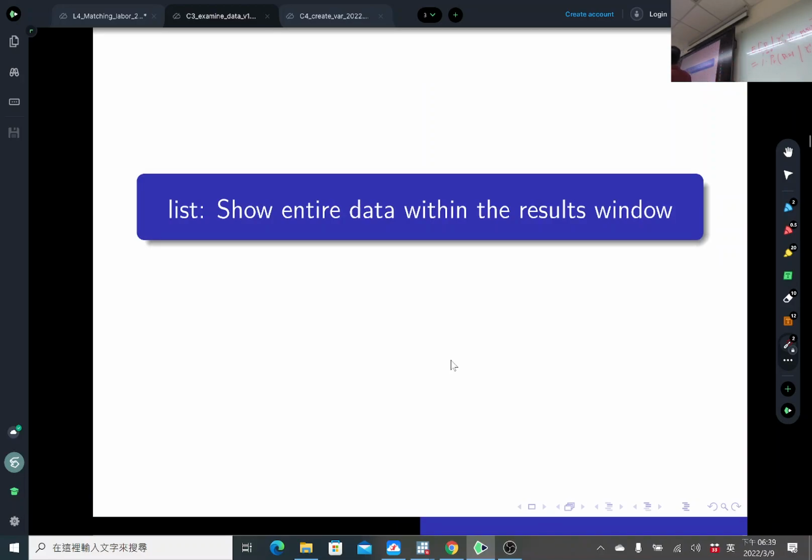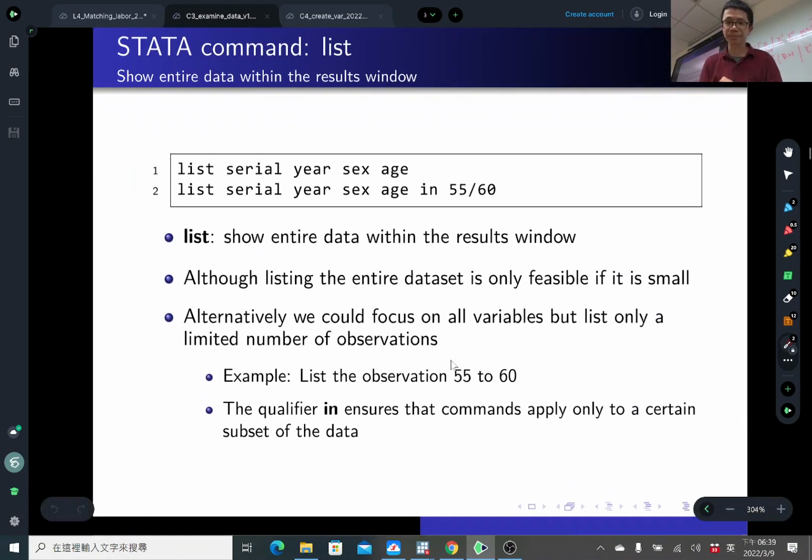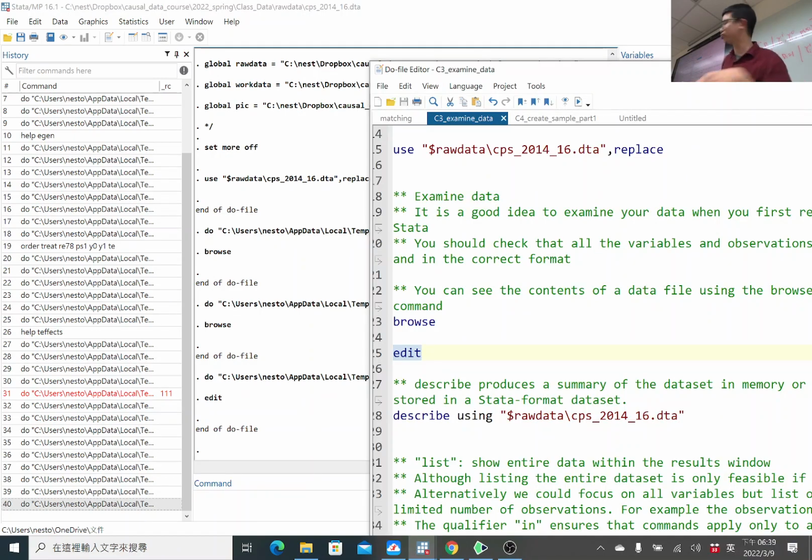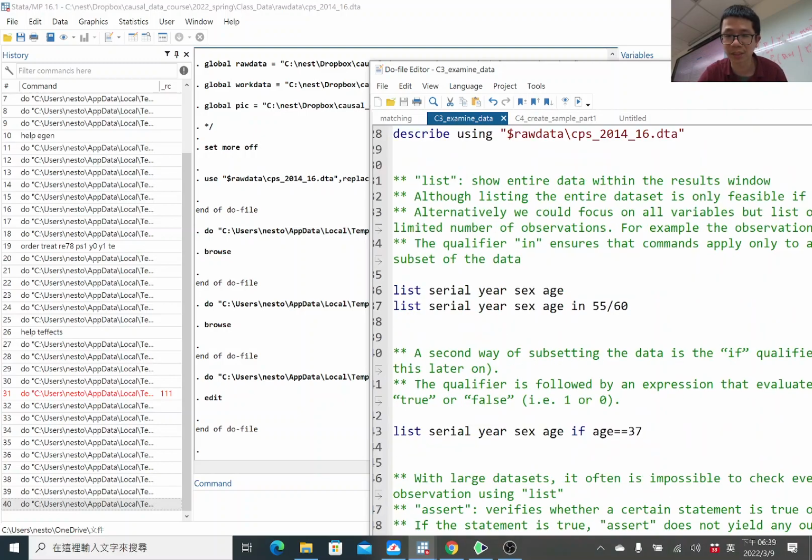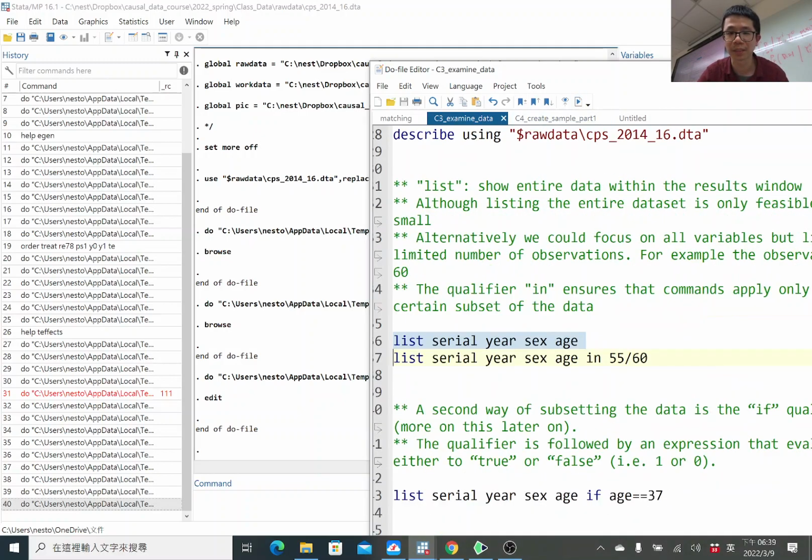Another command that can help you explore your data is list. It shows the entire data within the result window. So basically, if you implement list, you put the variable you want to explore. This is the variable in your data set. If you implement this, the result will show up in the result window here.